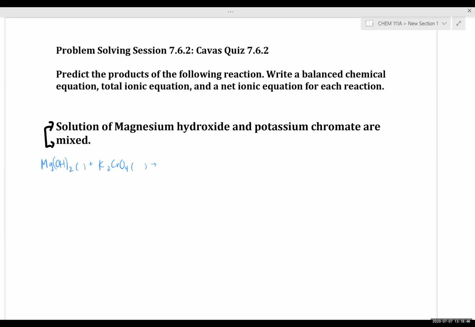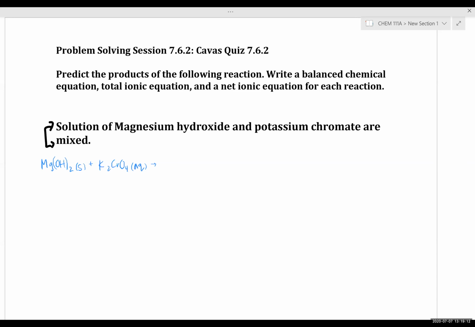And we already see some perfect formulas of each of our two reactants. And now our job is to assign state symbols, to cross our cations and look at what potential new ionic compounds we can generate, and then in turn predict the formula of the product from this reaction.